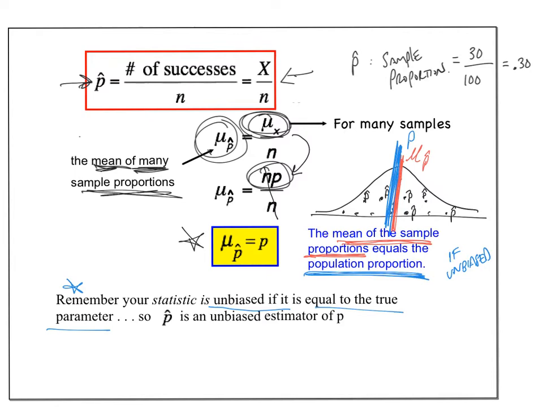So remember, statistic deals with your sample, and parameter deals with your population. So I want my p hat to be an estimator of p. So this is my sample proportion. I want a whole bunch of sample proportions to be a good estimator of my population proportion.